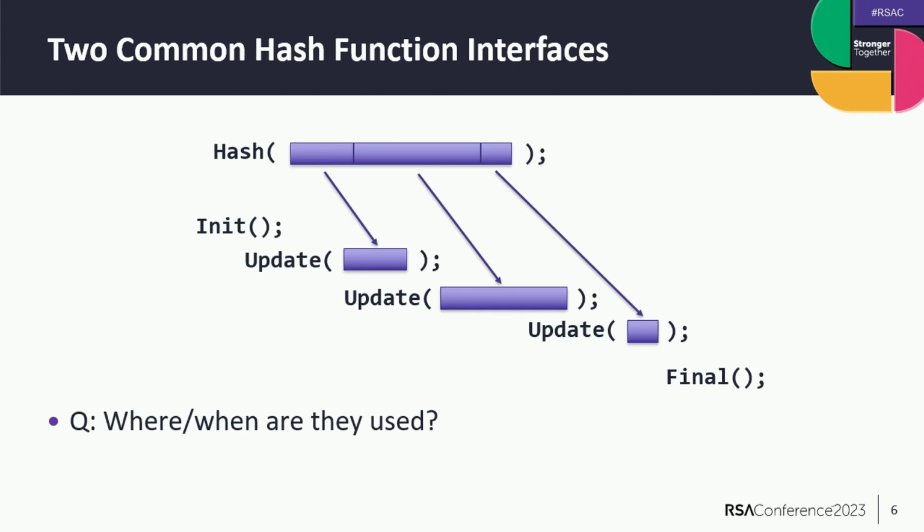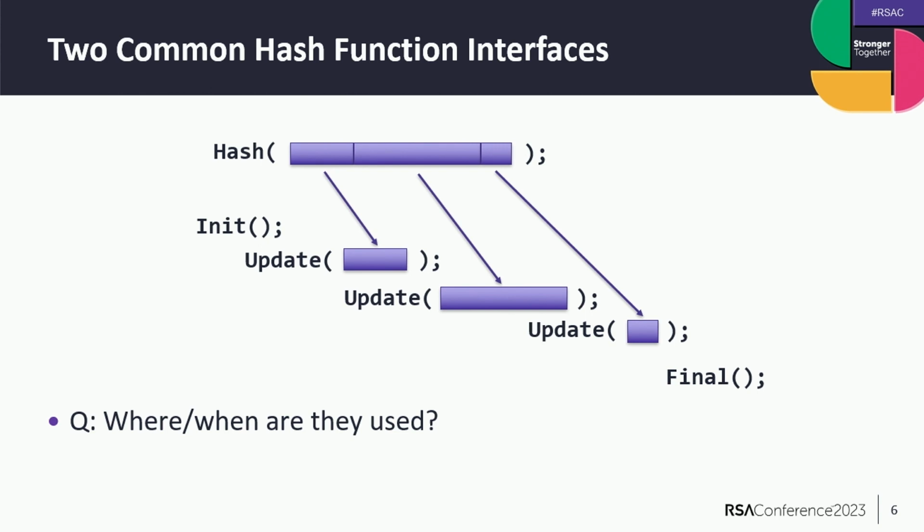There are two interfaces for hash functions that are common. First one is hash, where you would provide the entire message, the entire input at once. So it's like a one-shot interface. And then another is one where you can provide the message in different sized chunks.